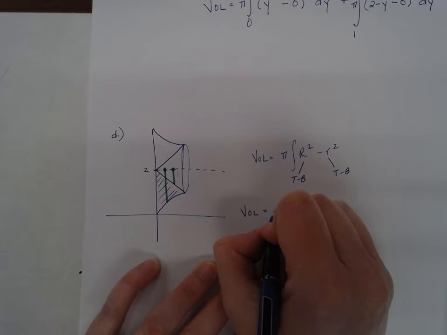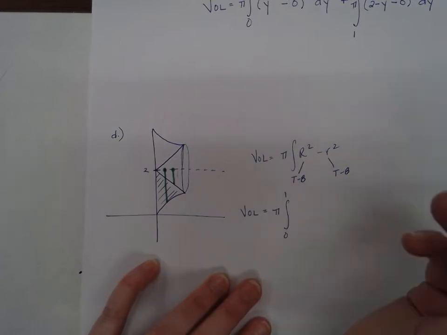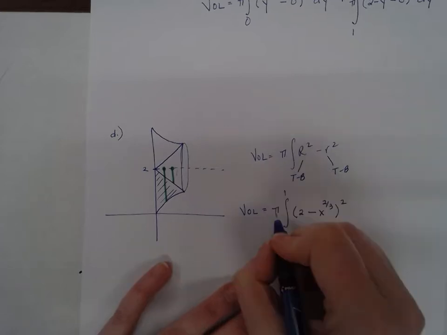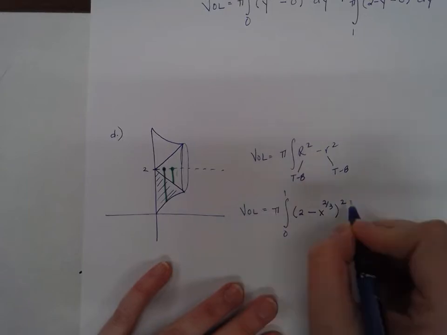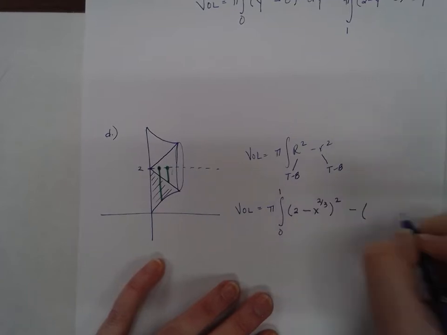Integral 0 to 1, back to my x's because I'm doing top minus bottom. Now for the big radius, the equation on top is 2 minus the curve, so that's pi big R squared minus, now I need my little radius.